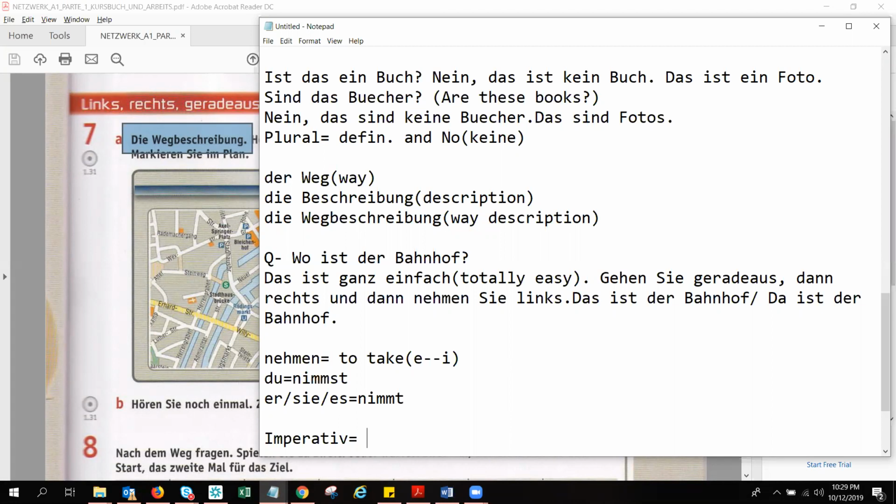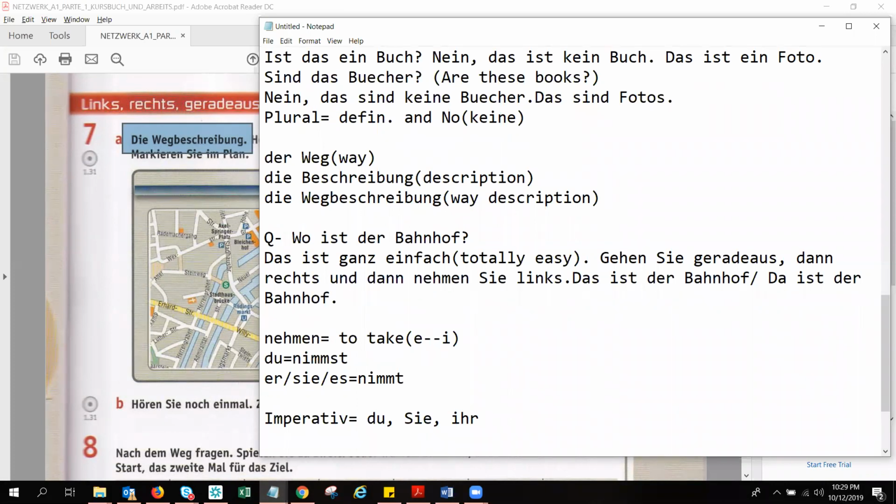Whenever you are using imperative, it is for the second person only, like for you. The pronoun in imperative sentences could be du, Sie or ihr. Du is you, informal, Sie is formal you, and ihr is you all. So imperative we can use with the second person. Also sometimes we can use imperative with wir, but not always.